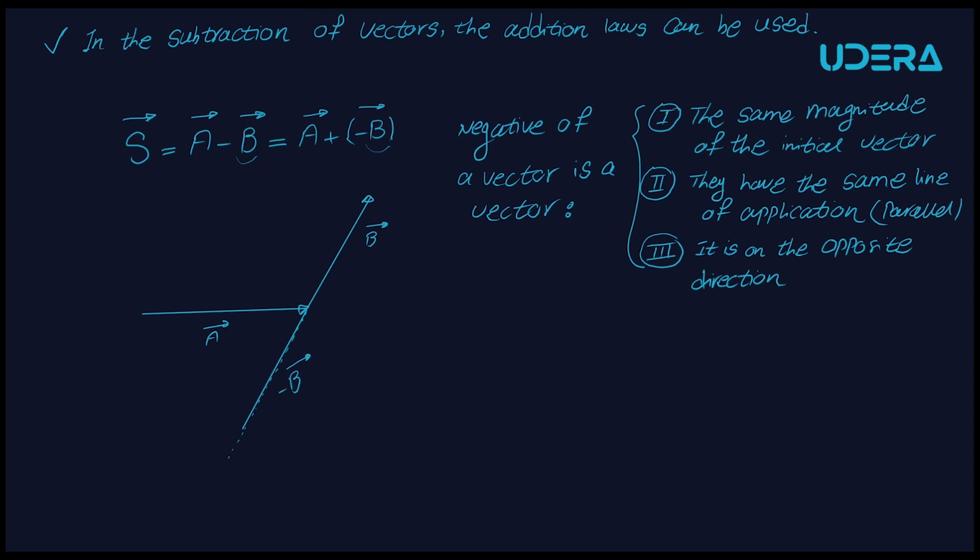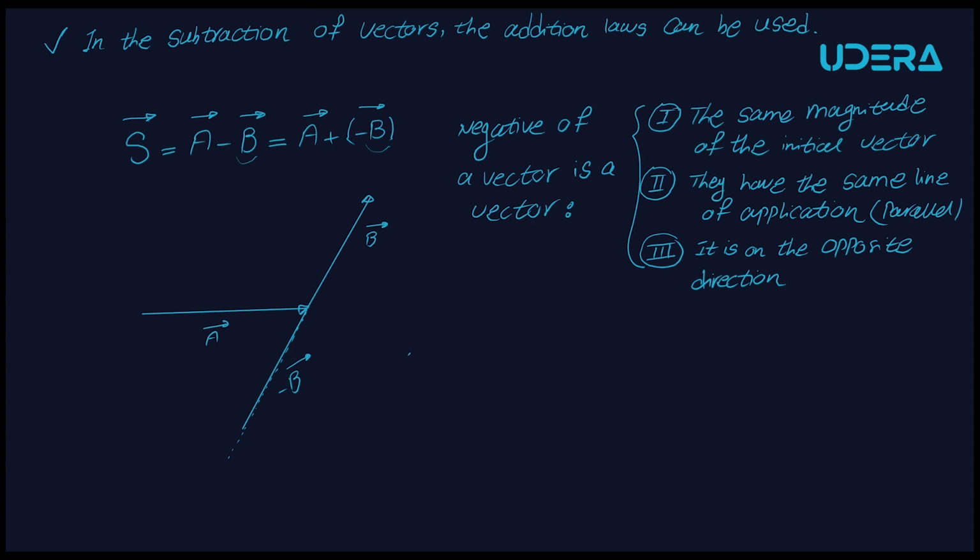So I can apply the formula of addition laws when I want to find the subtraction of two vectors. When I find the negative of a vector, I just have to apply the addition laws.